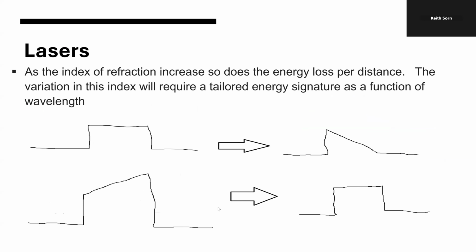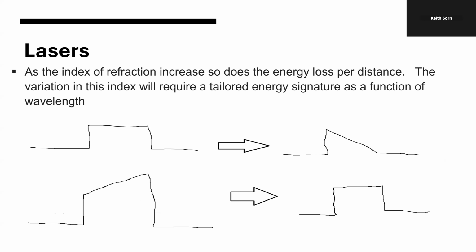All right, lasers are affected by the chromatic dispersion. Basically, if we look at a pulse of light coming down, the index of refraction is going to be higher with a higher wavelength. Higher wavelength is to the right. So our nice square pulse is going to be made into a sawtooth.